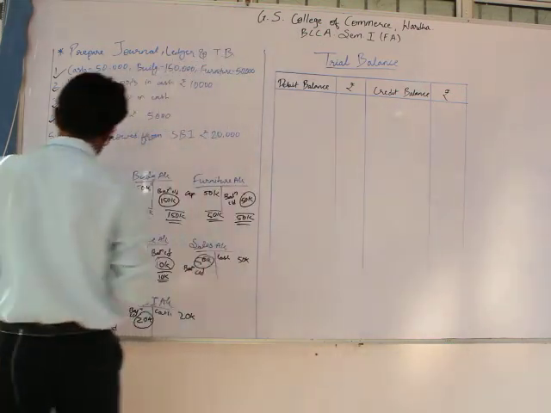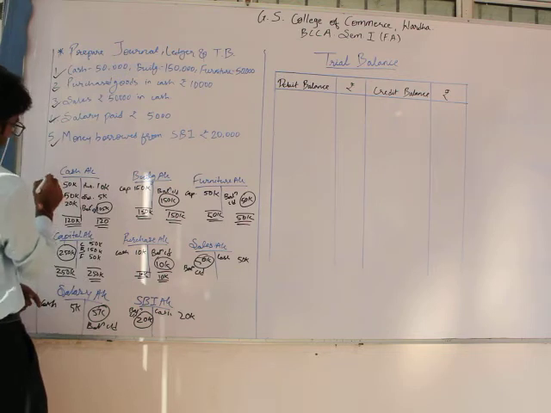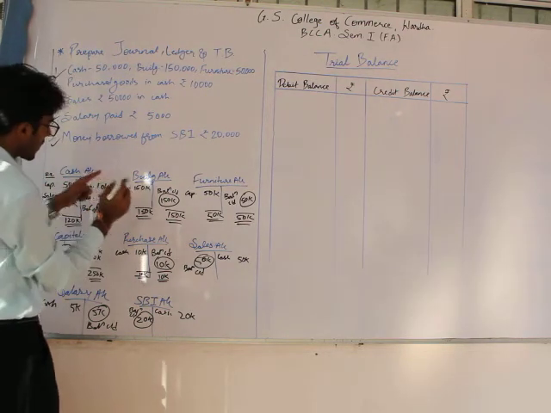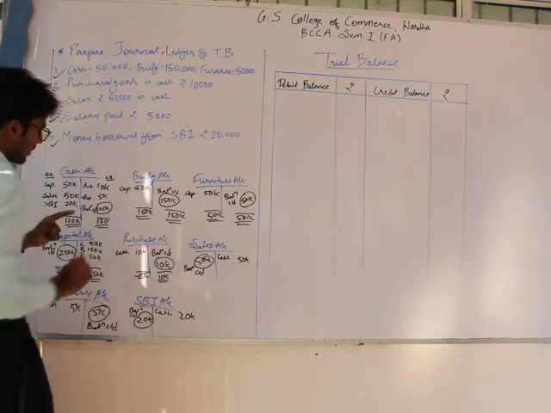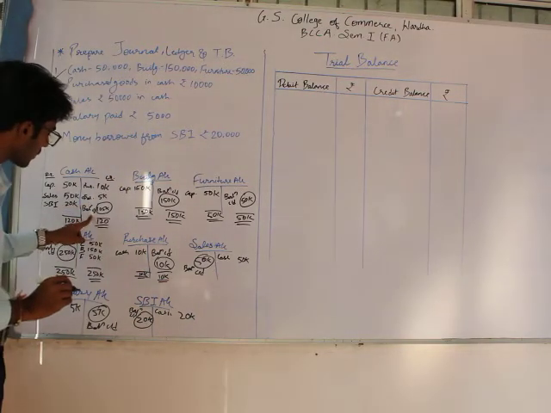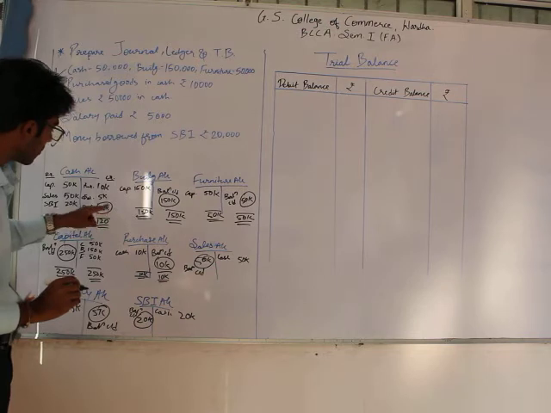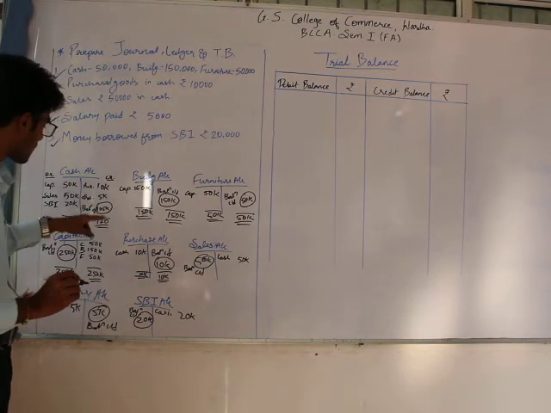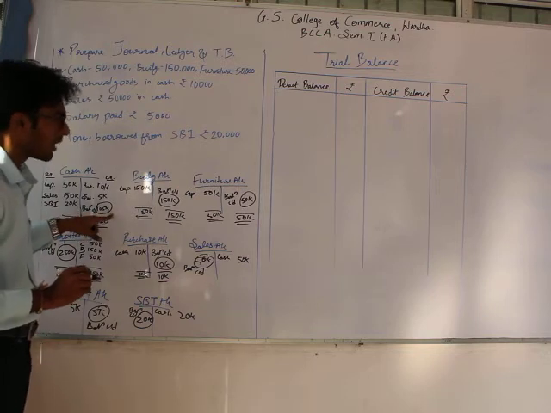Okay, so cash. We know that the left side is our debit and the right side is my credit. Although this is on the credit side, the cash account is showing a debit balance.